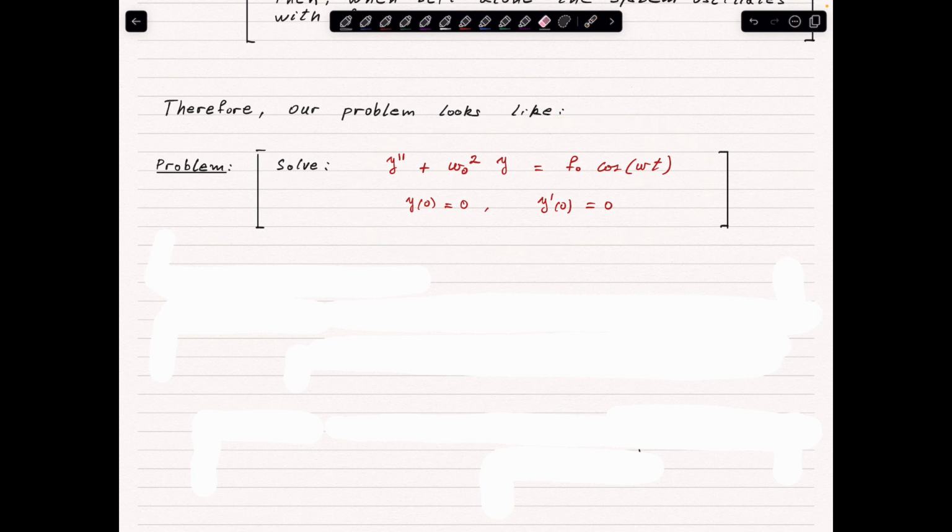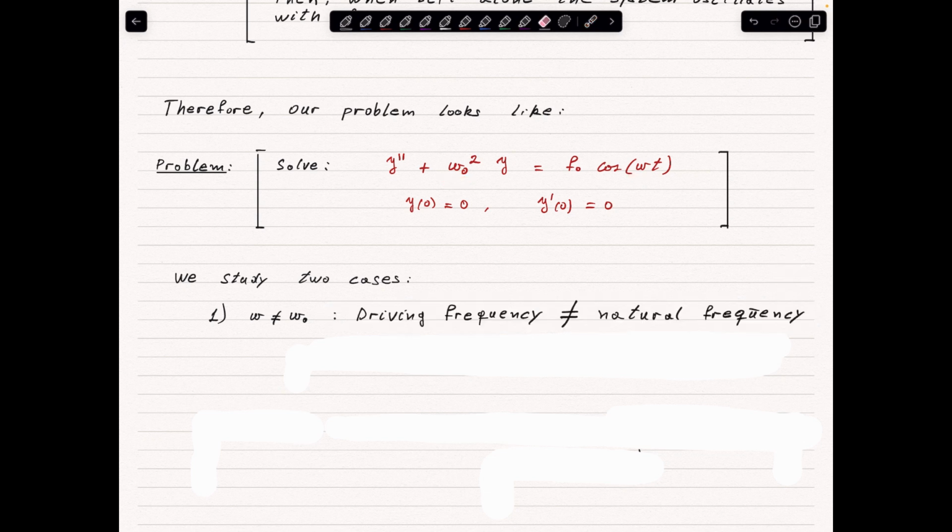And there are two main cases. The first case is when the driving frequency is different from the natural frequency. In that case, there are two main situations: one when they are very different, and the other when they are really close.